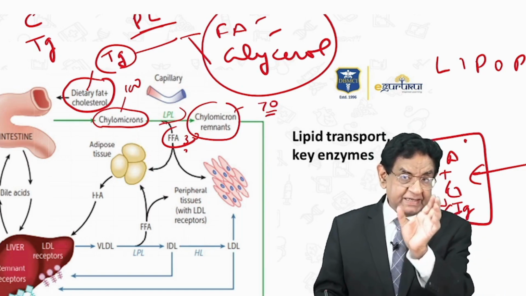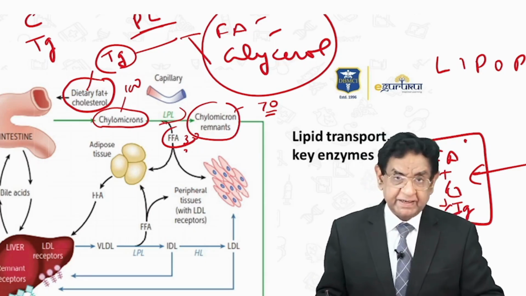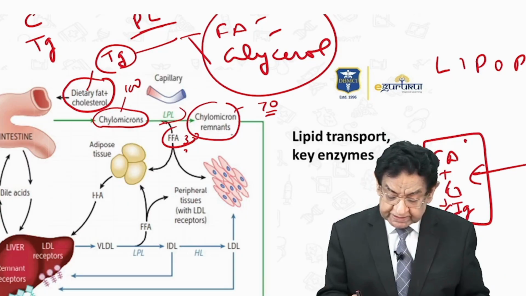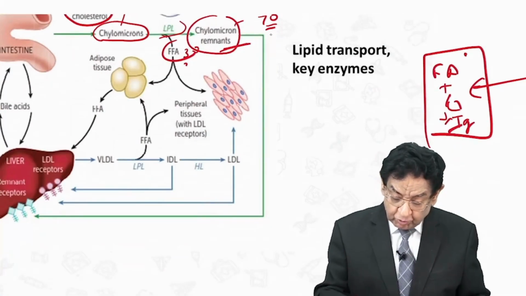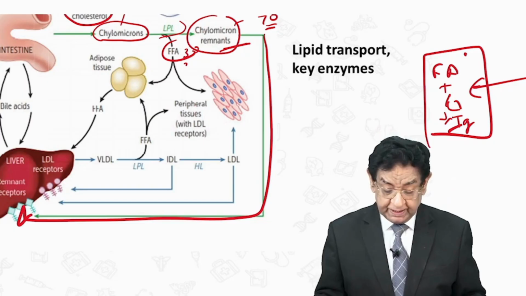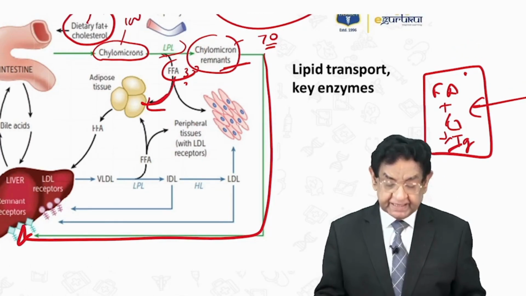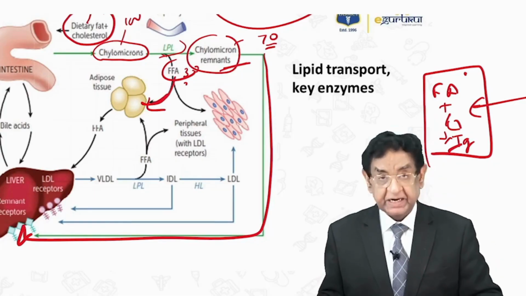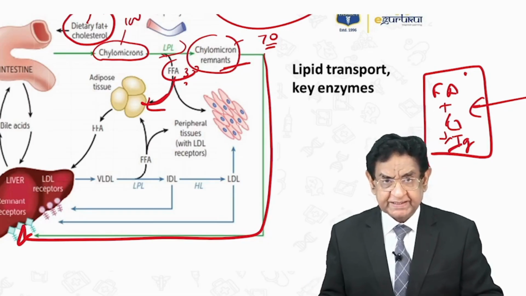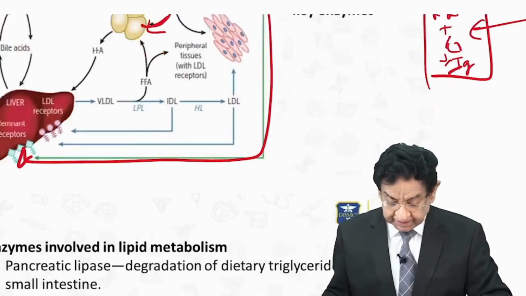So the chylomicron remnant contains a lesser amount of triglyceride as compared to chylomicron. This chylomicron remnant goes into the liver, and the free fatty acid goes into adipose tissue, what I discussed earlier also. So point to be noted, the free fatty acid is getting utilized by the adipose tissue. Detail I'll talk about in the next part.